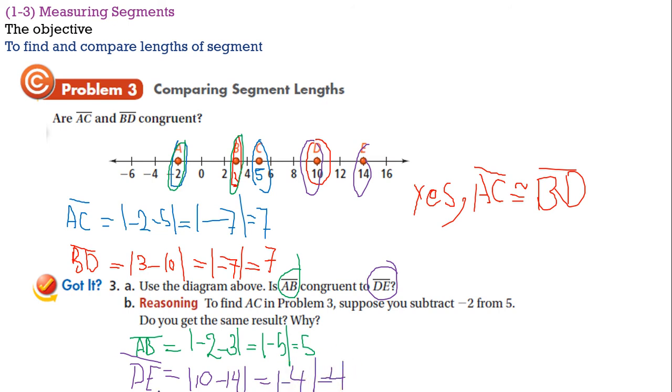Now, are these congruent? The answer is no. Why? The reason is because 5 is not equal to 4. So they are not congruent. You have to say AB is not congruent to DE.